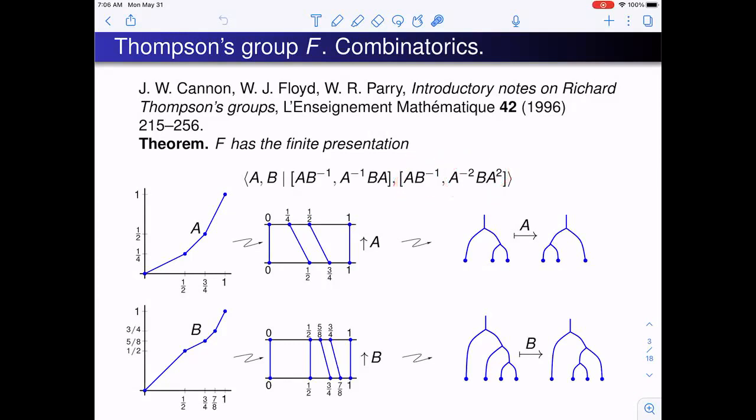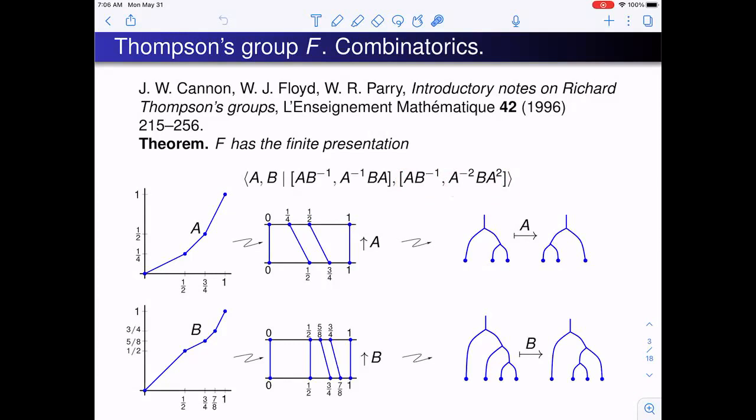That's all the relations, so everything else will be a consequence of that. It looks like a very easy group, just two generators, two relations, but it is a very weird group, and we will see its relation to knot theory.